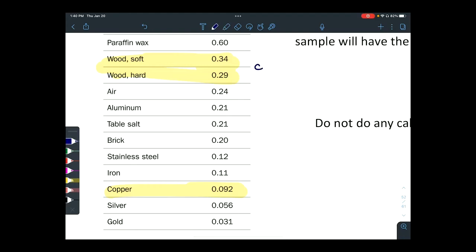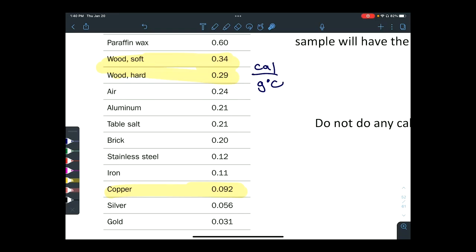Recall this is calories per gram degree Celsius. So what this means is it requires more energy to raise a gram of wood 1 degree Celsius. So when we think about sitting on a wood bench or a metal bench when it's hot out, the temperature is going to be lower because it requires more energy to raise the temperature versus a piece of metal.